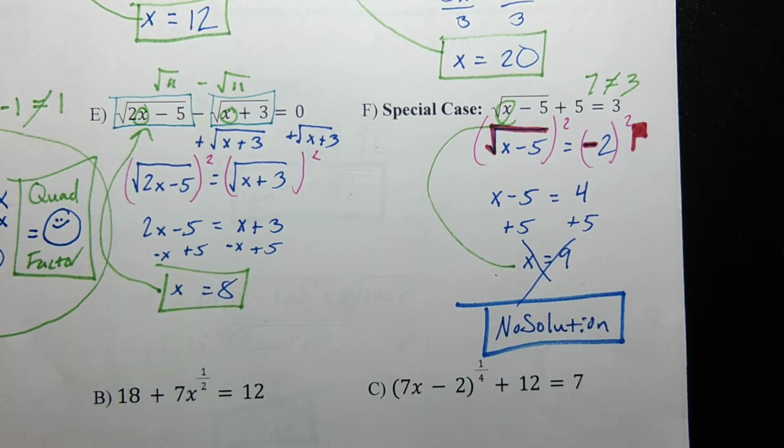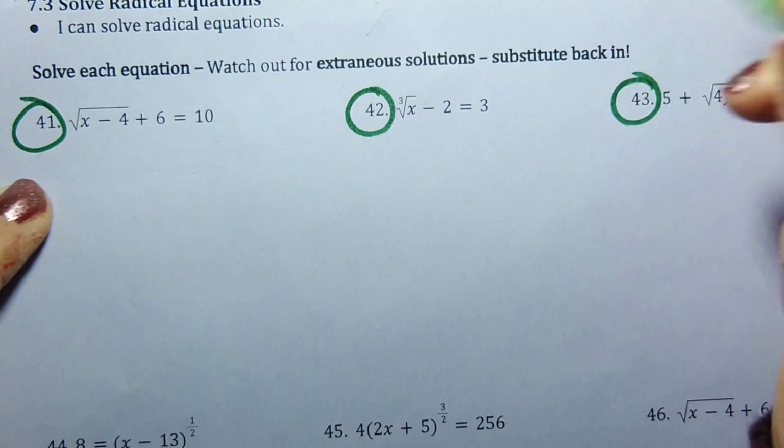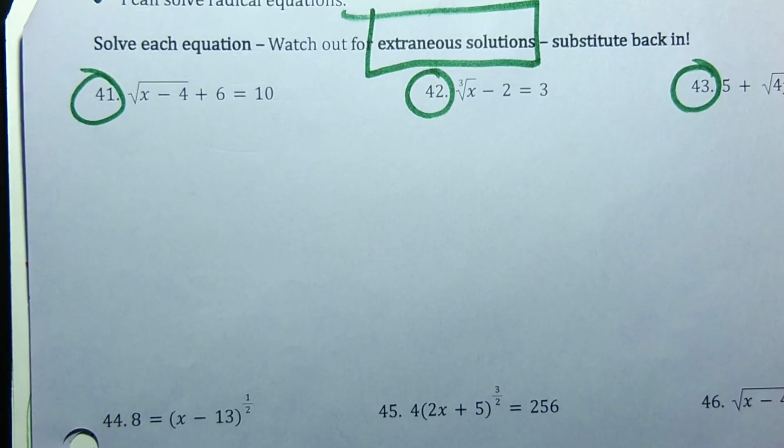So, folks, I think we're going to be stopping there for today. What I would like you to do is in your homework packet, you can work on number 41, 42, and 43. Check for extraneous solutions. So top row, all of them.